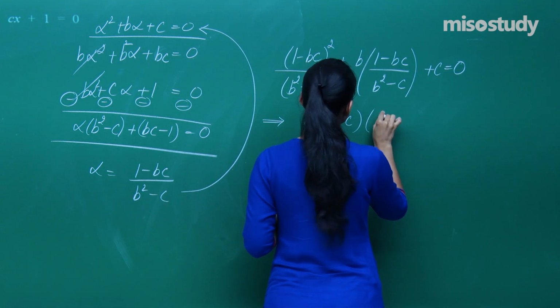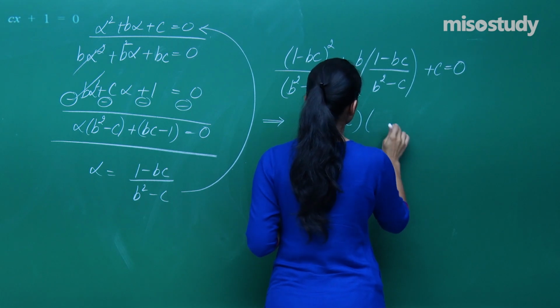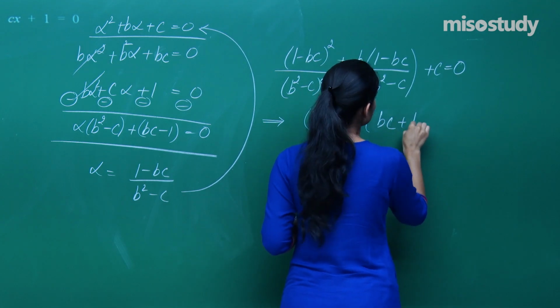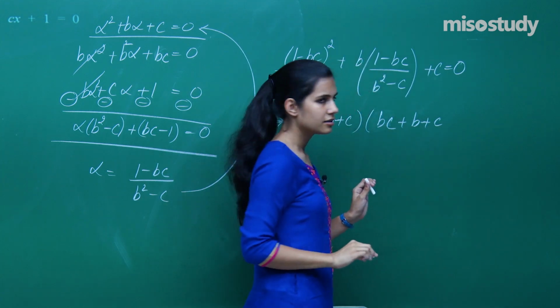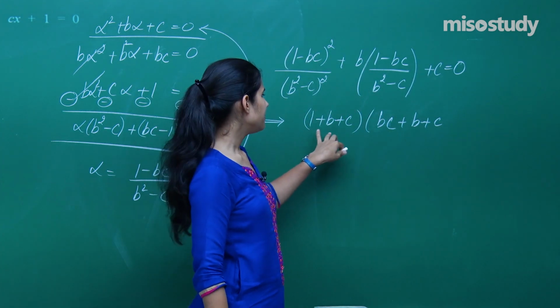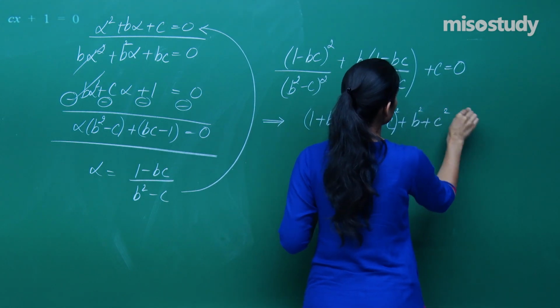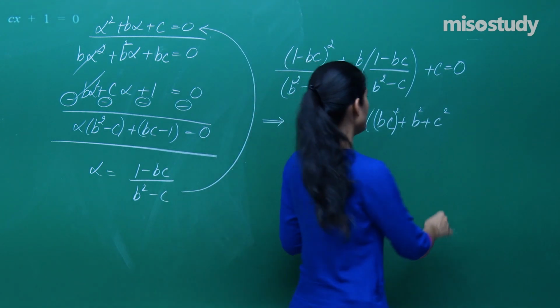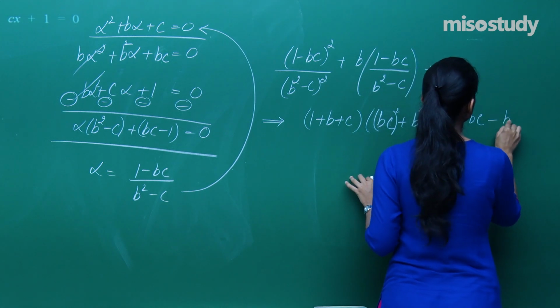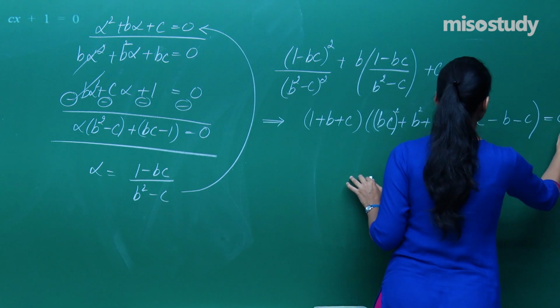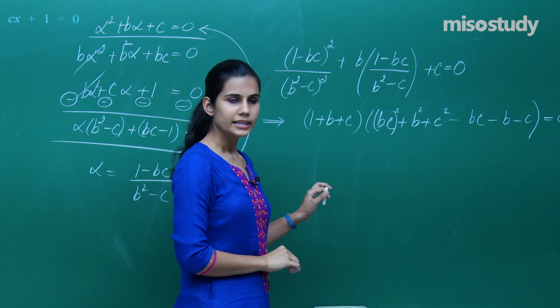After that you have BC plus B plus C, 1 plus B plus C, BC square plus B square plus C square, minus BC minus B minus C equals 0. Clear?